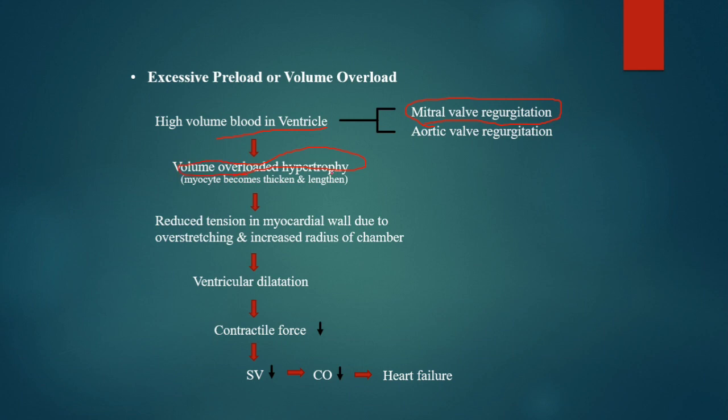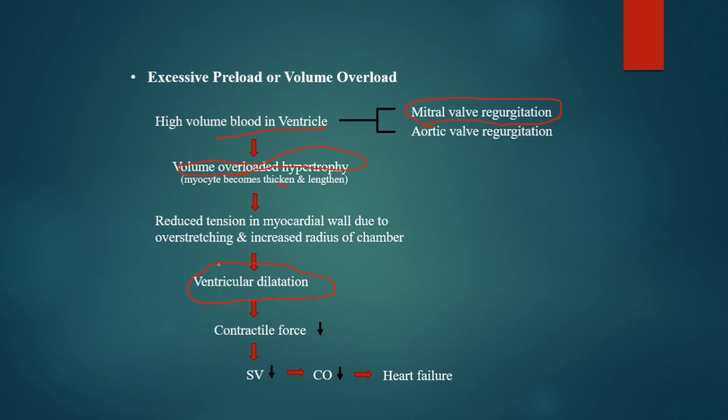In this volume overloaded hypertrophy, these cells have very special features. The cells become elongated and thickened. If cells are elongated, then ventricular dilatation will occur, meaning the radius of the ventricle will be increased.